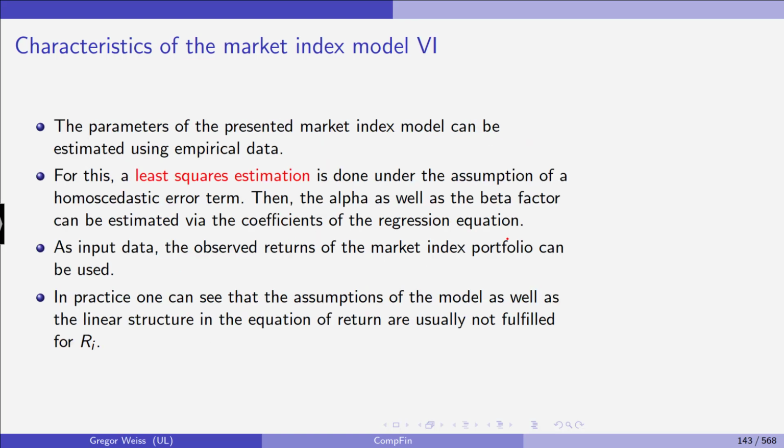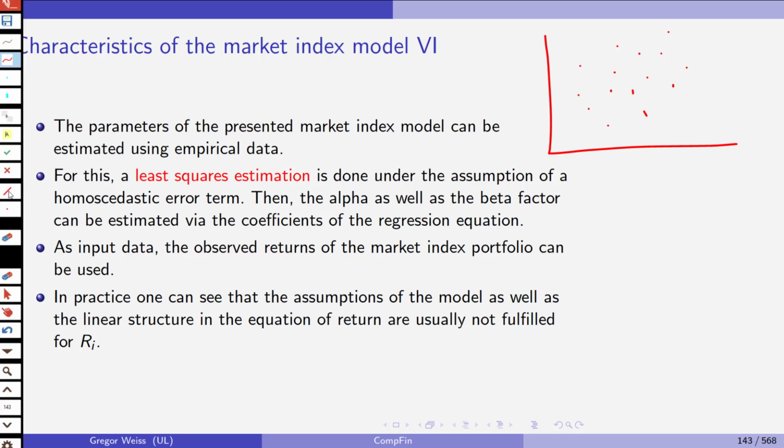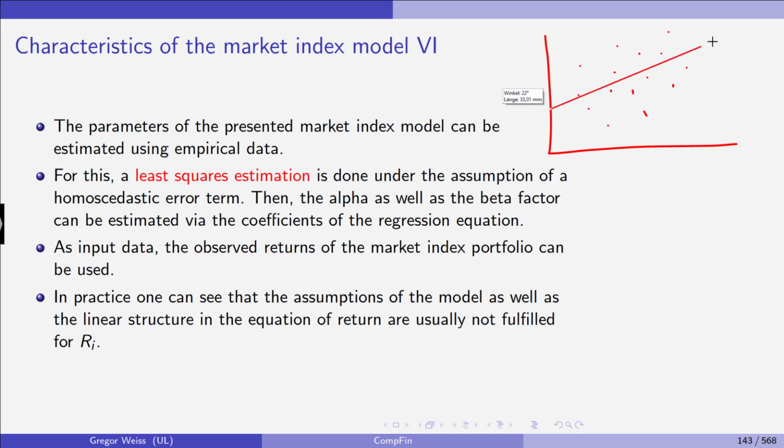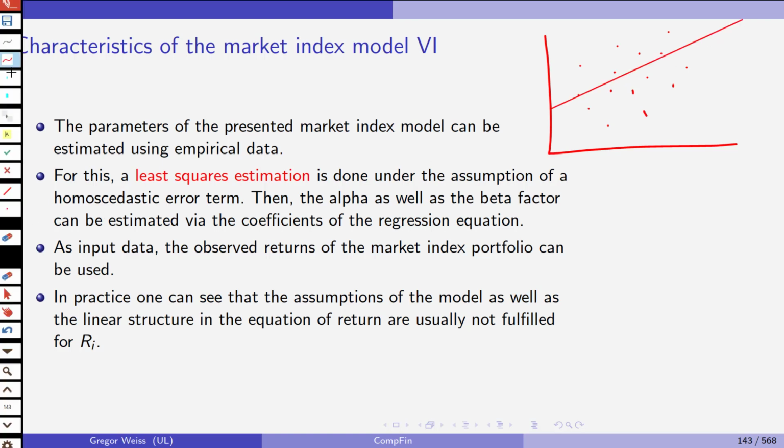The parameters, the a_i and b_i, the alpha and beta factors, can actually be estimated using empirical data. What we are doing here is classical OLS, ordinary least squares. We have our points, our dots, and we simply take a linear line and fit a linear function to this cloud of points.